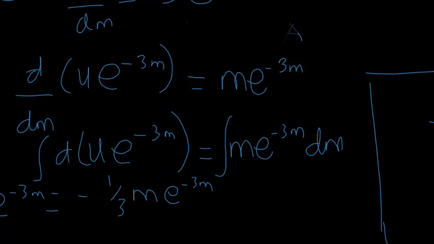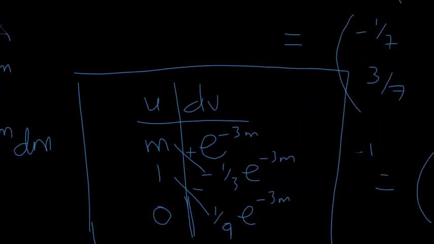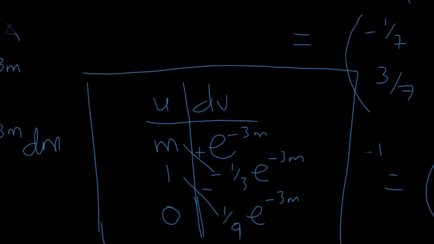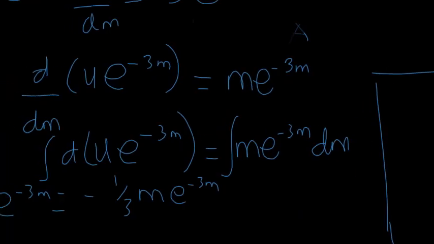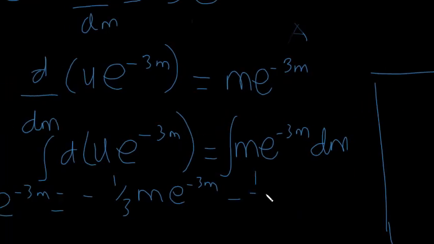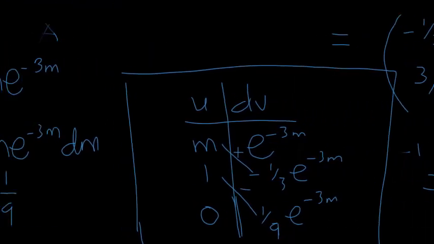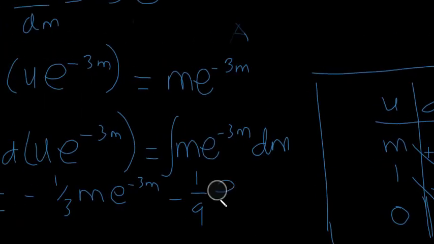Then minus again, because this is plus, this is minus. So minus 1 over 9 e to the negative 3m, right? So that's what we have.